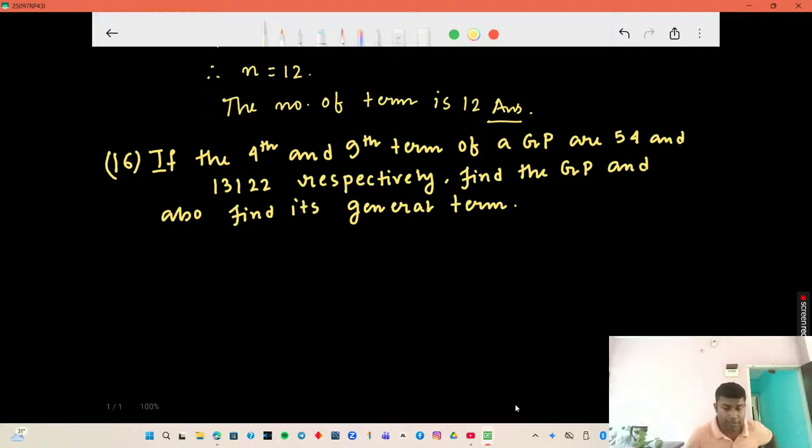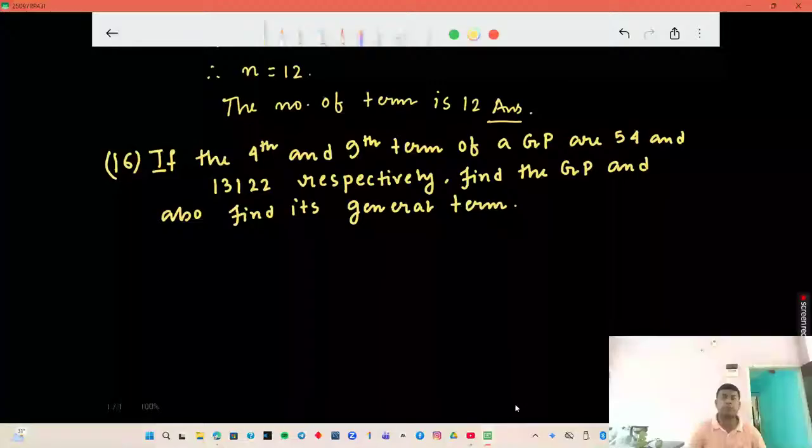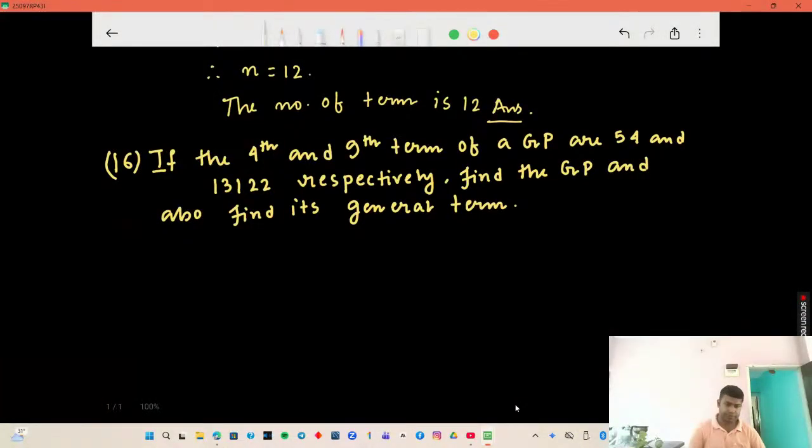So here in this question it is given as, if the fourth and the ninth term of a GP are 54 and 13122, find the geometric progression and also find its general term.